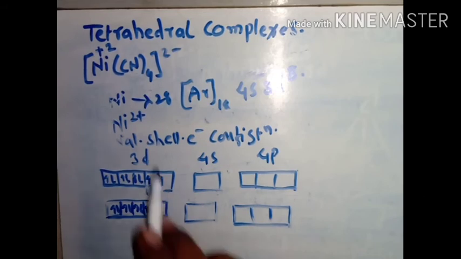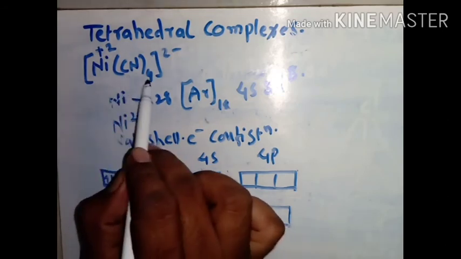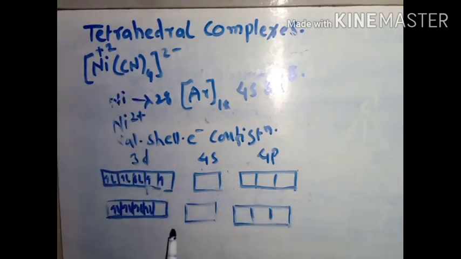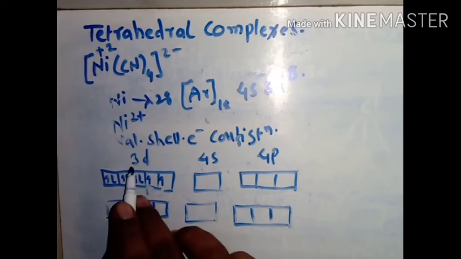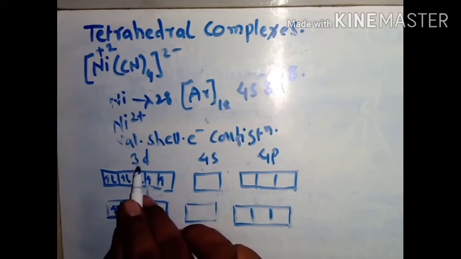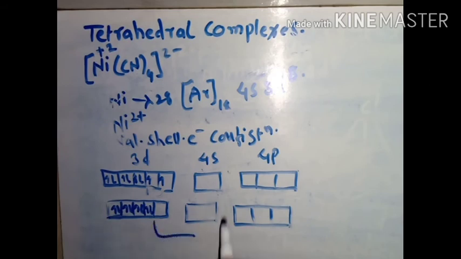Now there are 4 ligands, that is 4 cyanides, so we need 4 empty orbitals: one from 3d, one from 4s, and two from 4p, first, second, third and fourth.